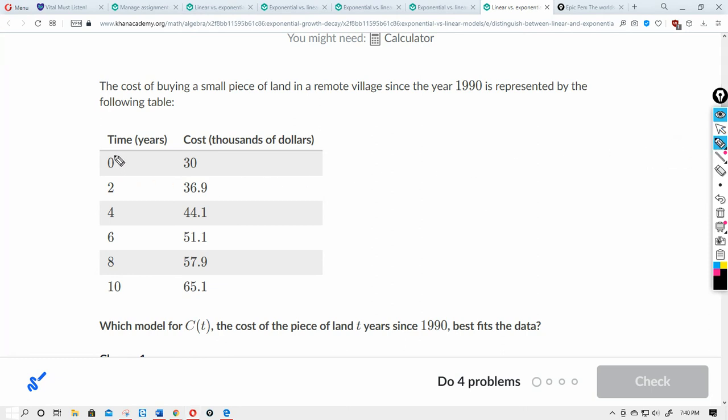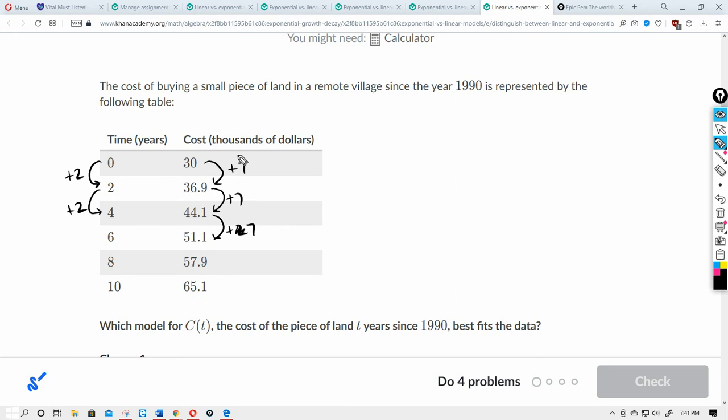So like I said, this column always goes up by the same amount each time. So that's a plus 2. And over here, I'm pretty sure this one's going to be linear. Okay, so this goes up by approximately plus 7. Yeah, it goes up by the same each time, plus 7.